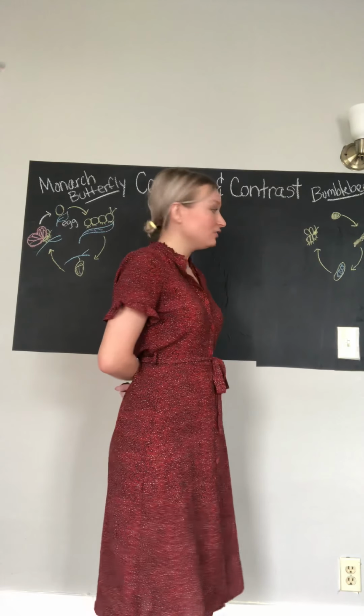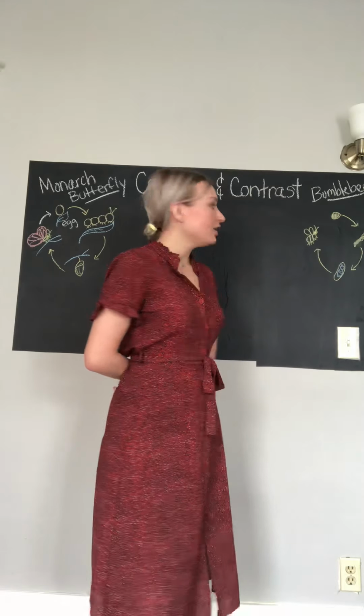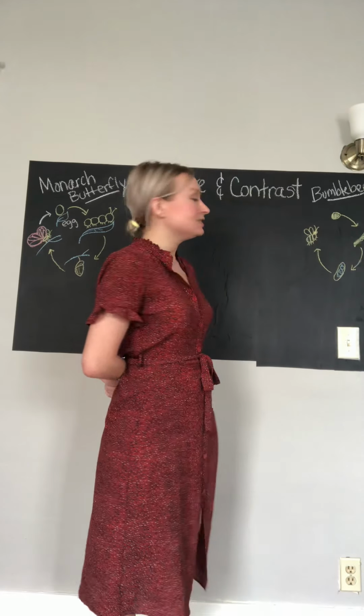The larvae eat the nutritious pollen and become larger. After this process of about 2 weeks, the larvae begin to form a chrysalis, a type of pupa that will help it transform itself into an adult bee. Now, the life cycle of a bee is a little different.